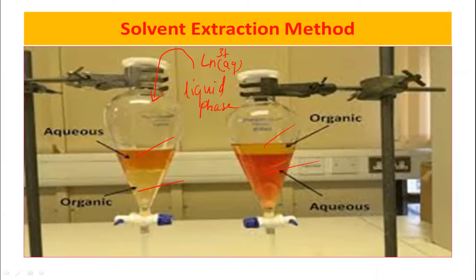So the solution of the lanthanone ions in the aqueous phase is added into this separating funnel, and the lanthanone ions are now distributed into the two phases. Just like in the ion exchange method, where the lanthanone ions are distributed between the solid resin and the aqueous phase, in this case the lanthanone ions are distributed into the two phases, that is, organic solvent and aqueous solvent.